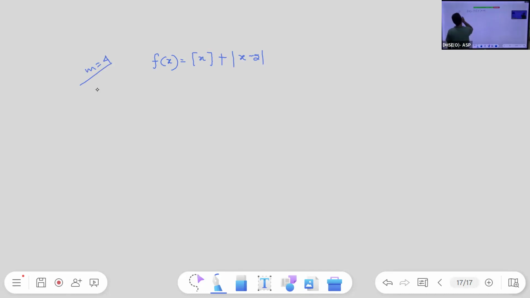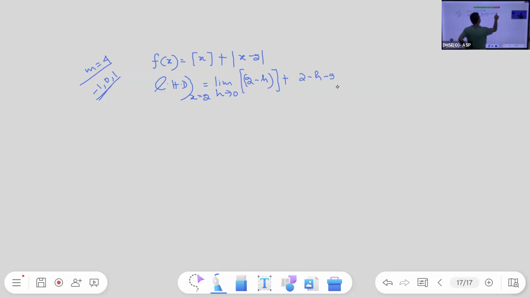Already we have got 3 points, that is minus 1, 0, 1, where the function is not differentiable. The last point left is x is equal to 2. LSD, the left hand derivative at x is equal to 2, is equal to limit h extending towards 0, f of 2 minus h, that is 2 minus h bracket, the greatest integer, plus mod of 2 minus h minus 2, minus f of 2.